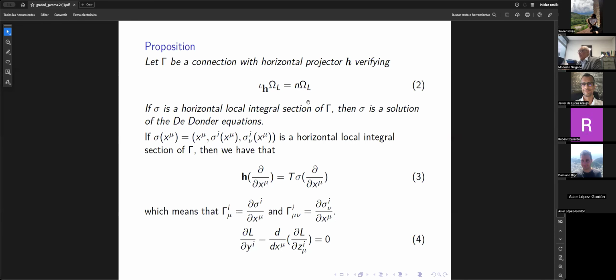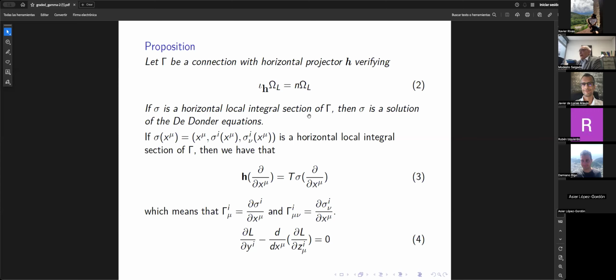Of course, there is a problem here because the connection is not flat in general. So this happens in classical field theories. It is one of the main differences with mechanics, because we deal with distributions, and the distribution cannot be integrable, or in this case the connection is not flat in general.